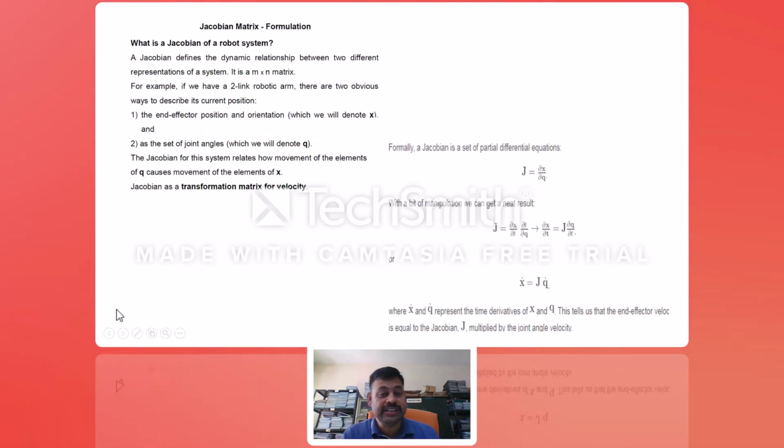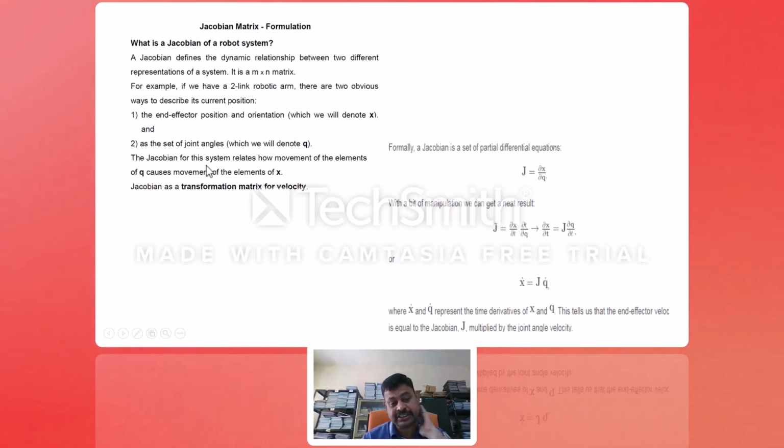So now we come to the Jacobian formulation. We clearly explained how we are using it in our robot system. The Jacobian relates the dynamic relationship between two different representations of a system. For example, if you have a two-link robotic arm, there are two obvious ways to describe the current position: end effector position and orientation, and the set of joint angles.